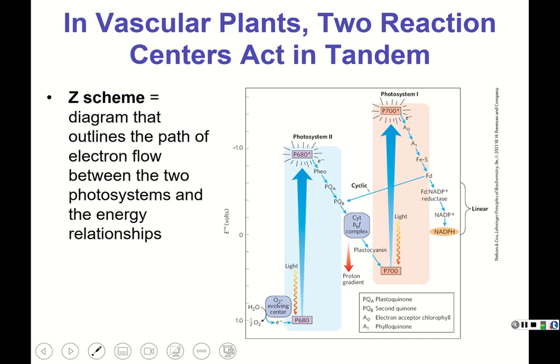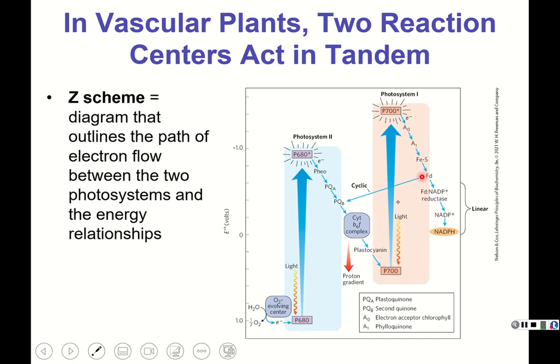And we'll talk about this too here in a second. In photosystem 1, you can go linear. The linear transfer goes into ferredoxin NADP plus reductase, which ultimately donates them to NADP plus to make NADPH. In the absence of NADP+, you still want to be making ATP and you still want these electrons to flow.